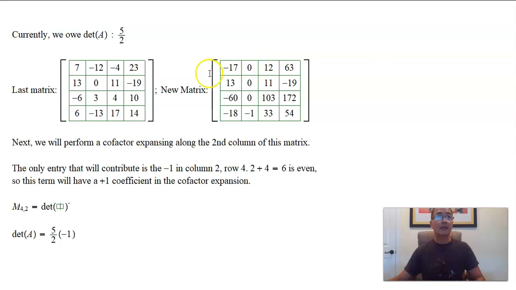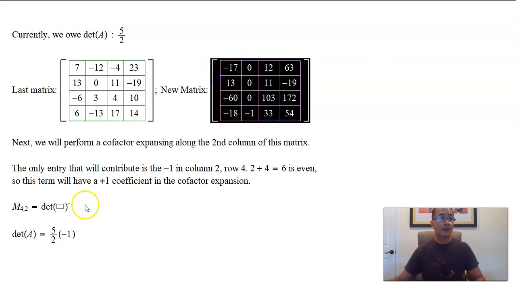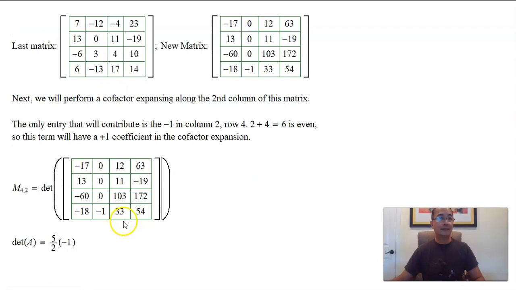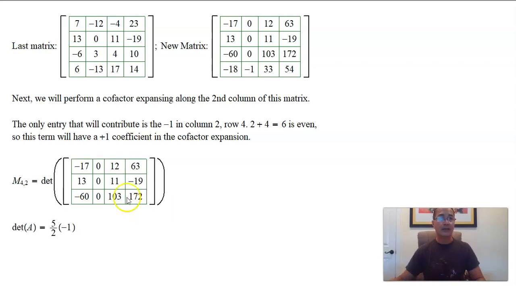Okay, so I'm going to take this matrix and we will delete column 2, row 4. Now because these are mostly zeros, it's probably safer to delete row 4 first and then column 2. Not that you forget that row 4 is at the bottom, but if you were deleting row 3 or row 2, it's probably safer to delete that row first.